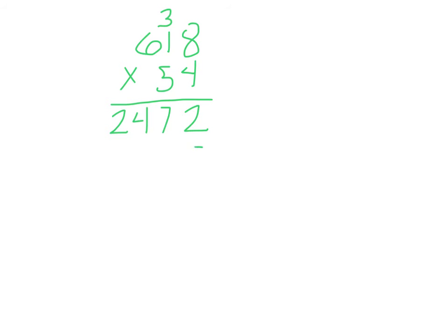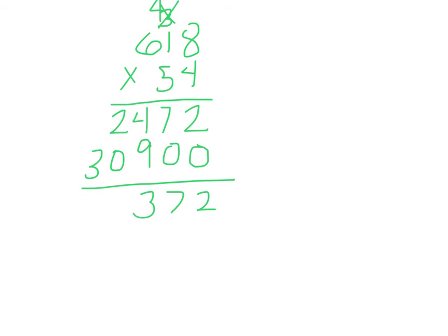I put down my 0 because I'm now multiplying by the tens. 5 times 8 is 40. Carry the 4. 5 times 1 is 5, plus 4 is 9. 5 times 6 is 30. Then I add. But now I need to add in my remainder, 532.